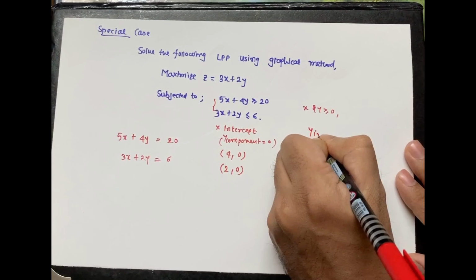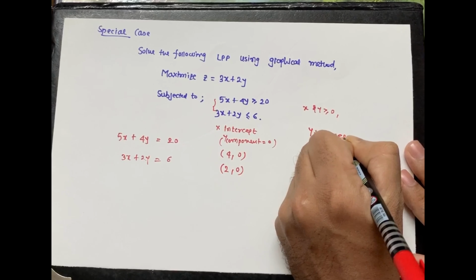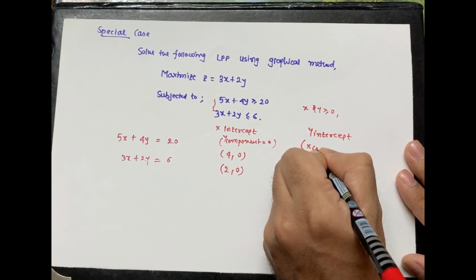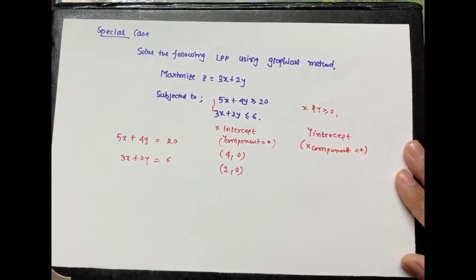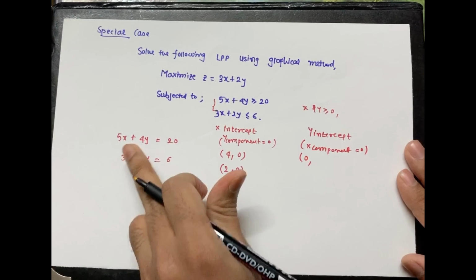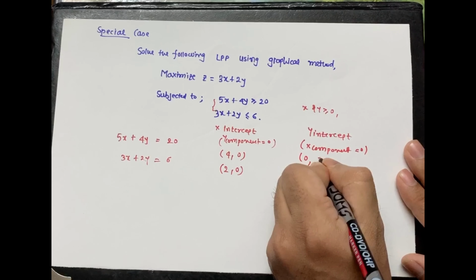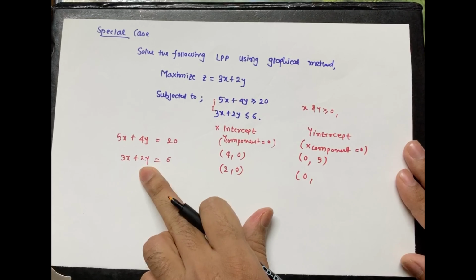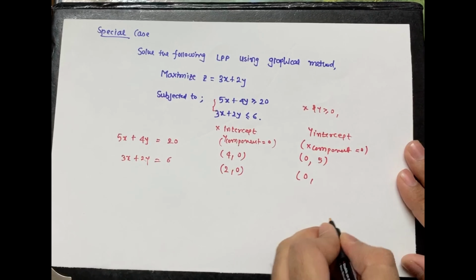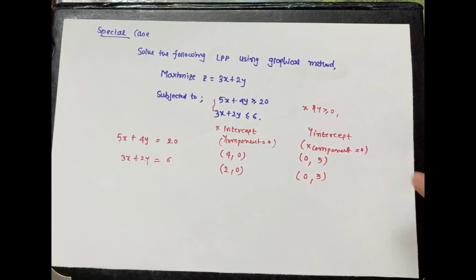Likewise the y-intercept, by taking the x component 0. So if I take x equal to 0, 4y equals 20, it gives me (0, 5), and here 2y equals 6, y is 6 divided by 2, that is 3.